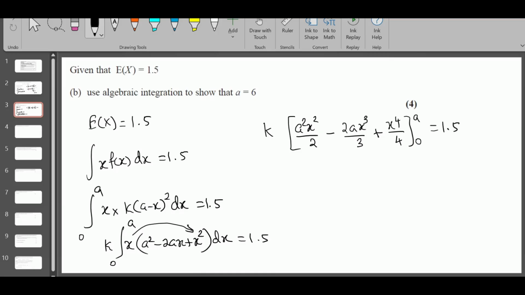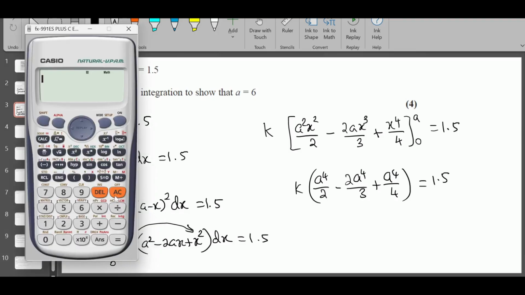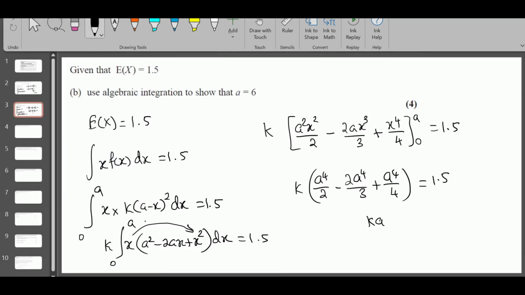When you sub in the upper limit, it's going to be a to the power 4 by 2, 2a to the power 4 by 3, a to the power 4 by 4, times k is 1.5. So when I simplify this, 1 over 2 minus 2 over 3 plus 1 over 4 is 1 over 12. So ka to the power 4 over 12 is 1.5.